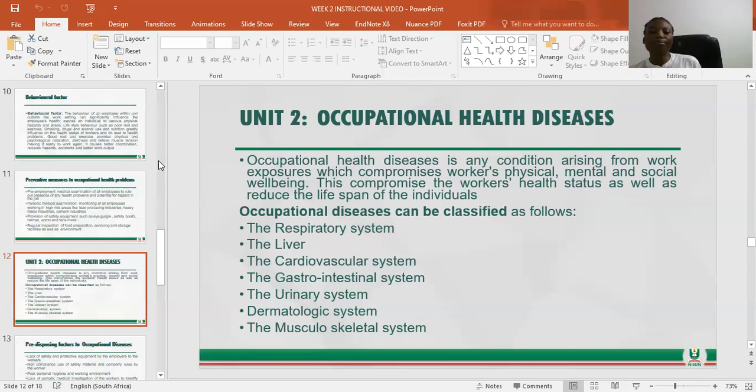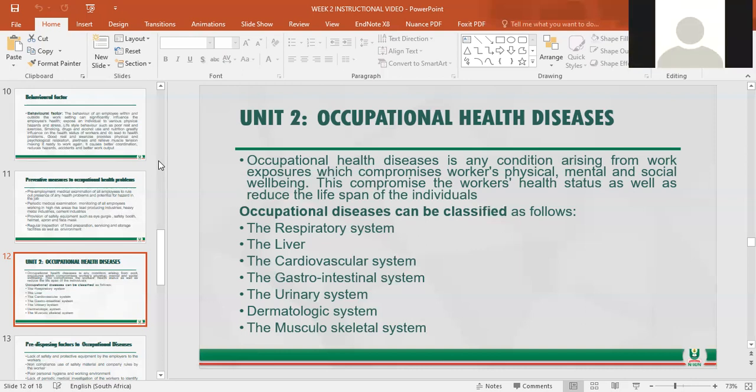Another point. The digestive, the cardiovascular. The cardiovascular system, yes, that's another one. Another one. The integumentary system. Okay, yes. We have the gastrointestinal system, the urinary system, the dermatological system, and the musculoskeletal system.